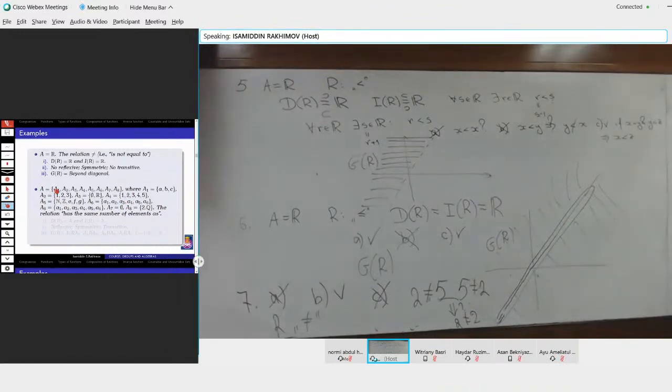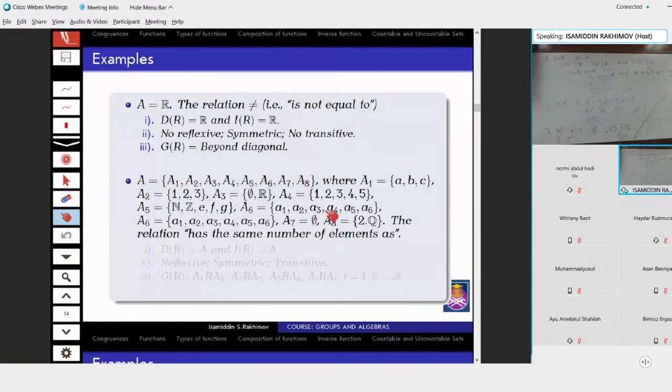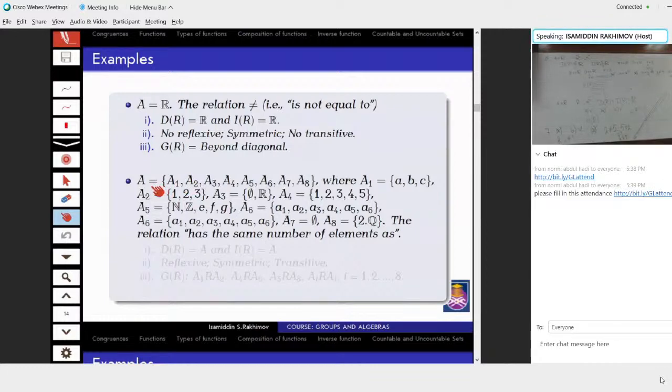This is an example which we also discussed last time. A consists of 8 elements, A1, A2, etc. A8. But each element is a set again. So these are all finite sets, finite number of elements.